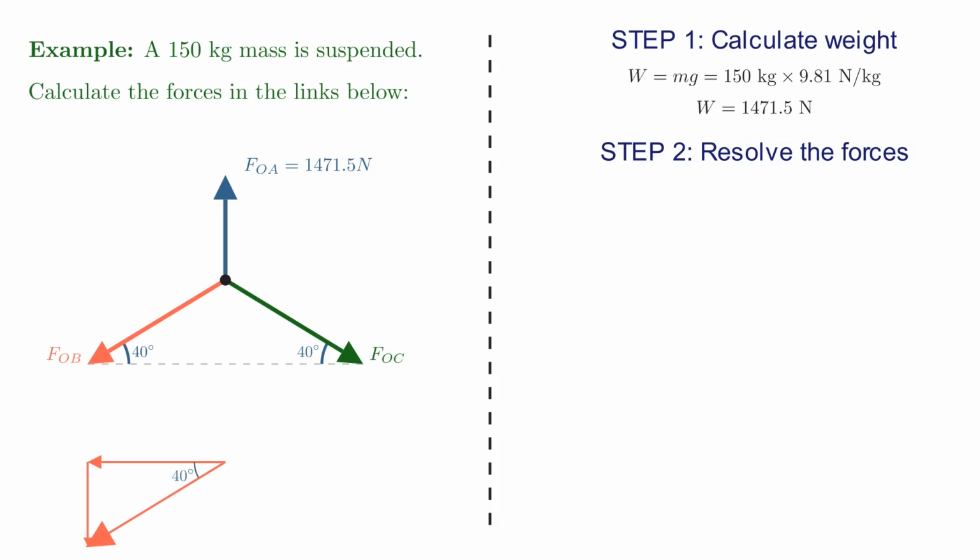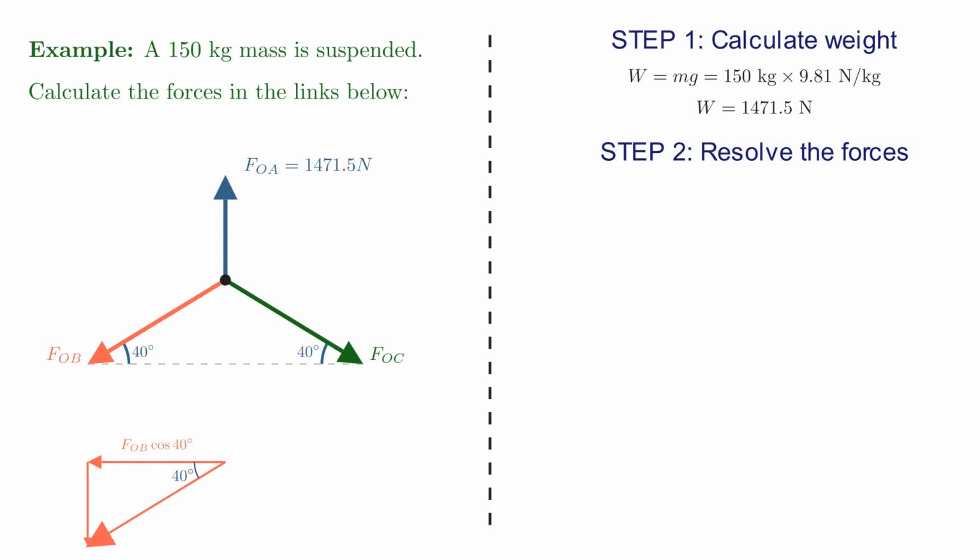We first resolve that horizontal force. So this horizontal force going across is next to the angle 40 degrees. Because it's next to it, and we know the hypotenuse for this triangle is FOB, we're going to use cosine. And so we're going to get that this side, the adjacent, is going to be FOB cos 40.